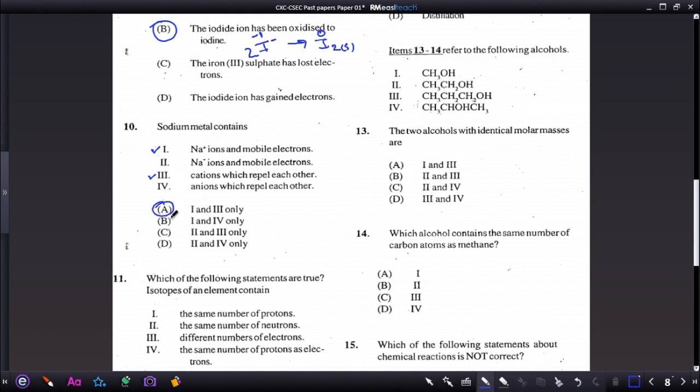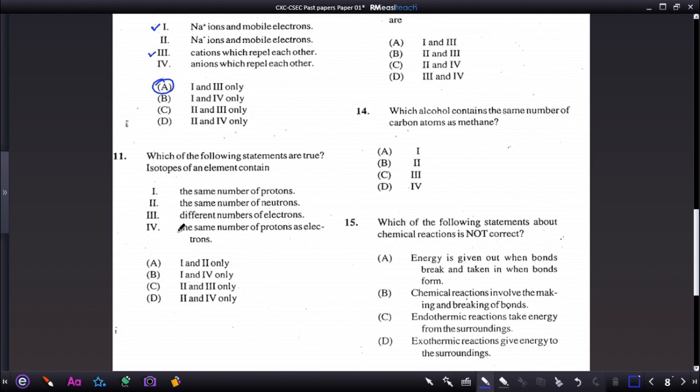Question 11. Which of the following statements are true? Isotopes of an element contain the same number of protons. So again, I will use the protium and deuterium. 1, 1 there, right? The same number of protons, that's true.